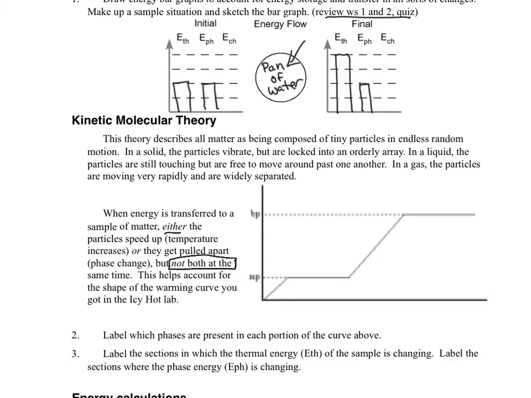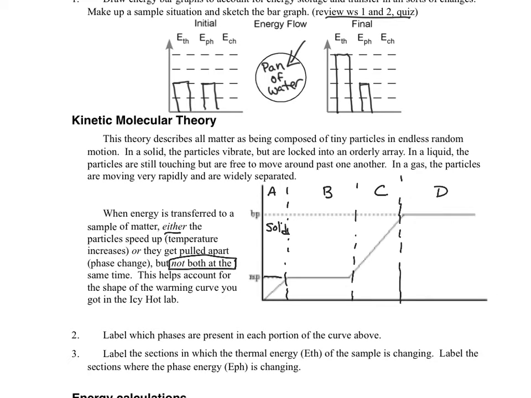So it says label which phases are present in each portion of the curve. Well, here it tells us that this is the melting point. So we can divide this up, and we're going to label this A, B, C, and D. So in A, we've got solid only.